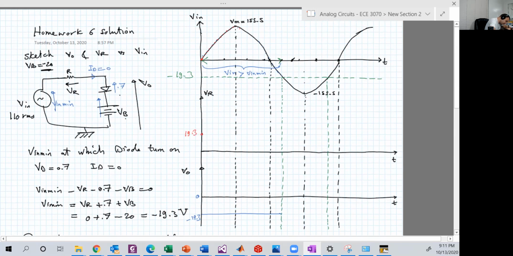For the maximum, which is 155.5, you will add 19.3. So if we add 155 to 19, this will give us 174.